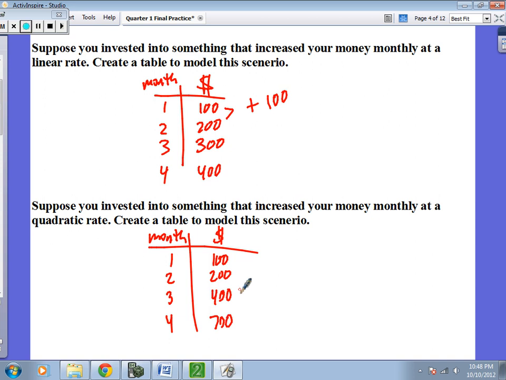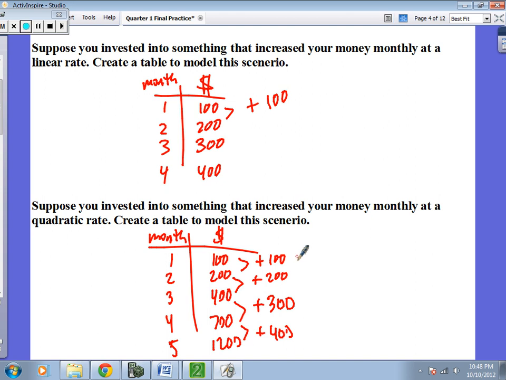Your change, there's got to be a pattern to it. So from right here, I went up 100. Right here, I went up 200. Right here I went up 300, so there is a pattern to it. The next one is going to be month 5. I'm going to get $1,200 because I'm going to go up $400.